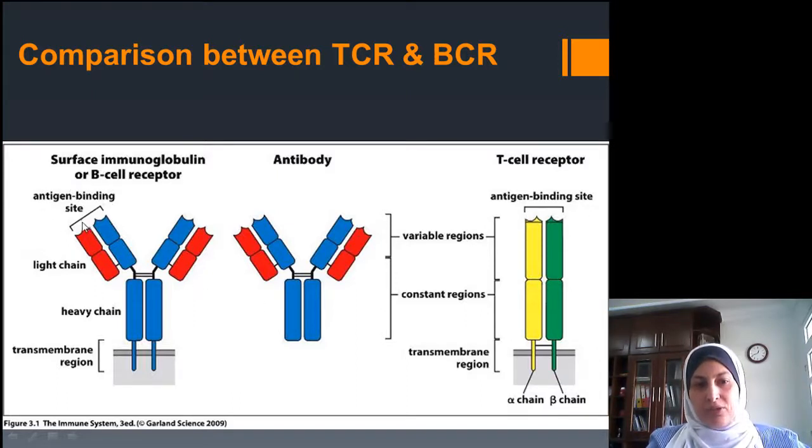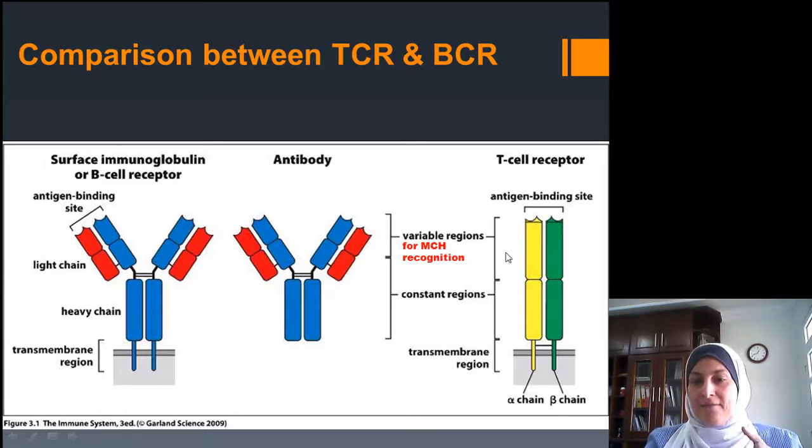This variable region, as you remember, in a B cell receptor, can recognize different types of proteins. For the T cell receptor, the variable region is responsible for recognizing the MHC, because as we said, the T cell receptor recognizes peptide bound to MHC.